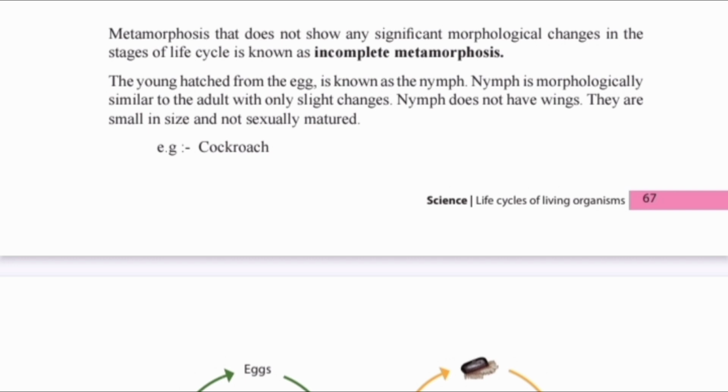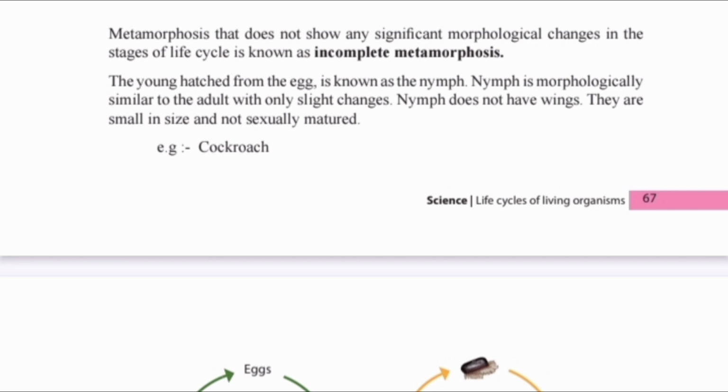So students, what is incomplete metamorphosis? Some animals do not show significant morphological changes in the stages of their life cycles. It is known as incomplete metamorphosis.